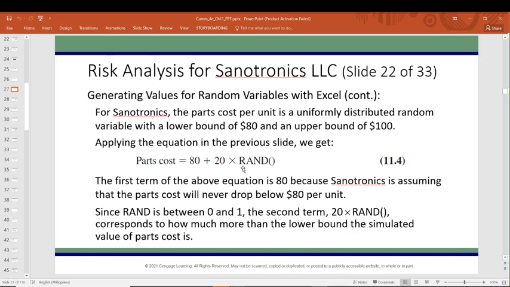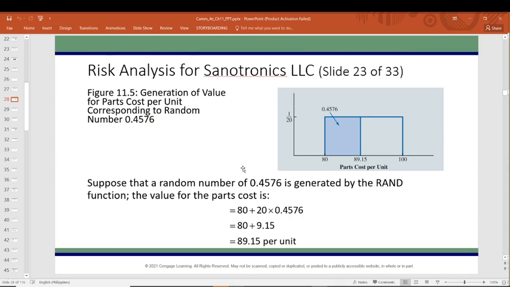For example, suppose that a random number of 0.4576 is generated by the random function. As illustrated in the figure, parts cost is equal to 80 plus 20 times 0.4576, which is equal to 80 plus 9.15, that is equal to $89.15 per unit.